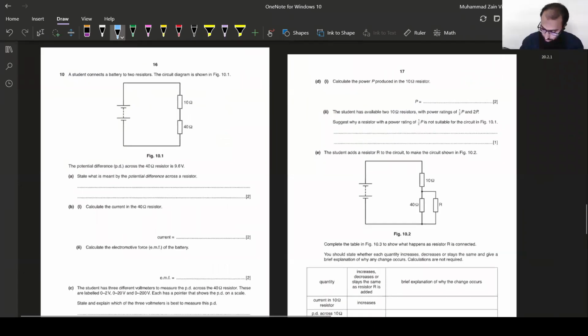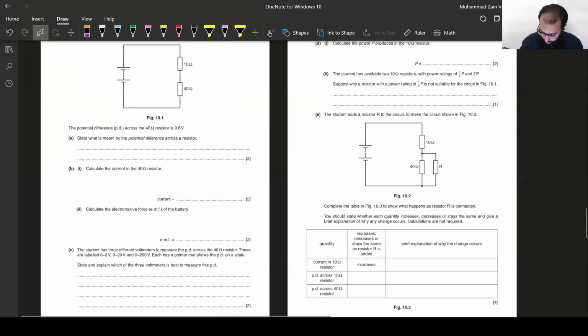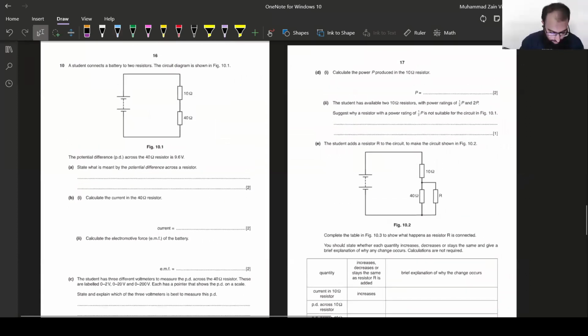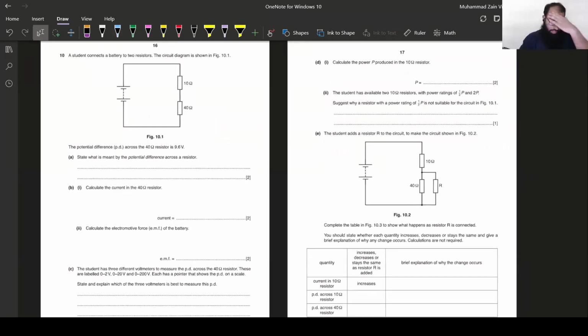Moving on to probably the last question we'll do today. What is meant by potential difference across a resistor? Potential difference across a resistor is the energy dissipated from electrical to non-electrical forms when a charge passes through the component, through the resistor. Calculate the current in the 40 ohm resistor. I know that the potential difference across the 40 ohm resistor is 9.6 volts.